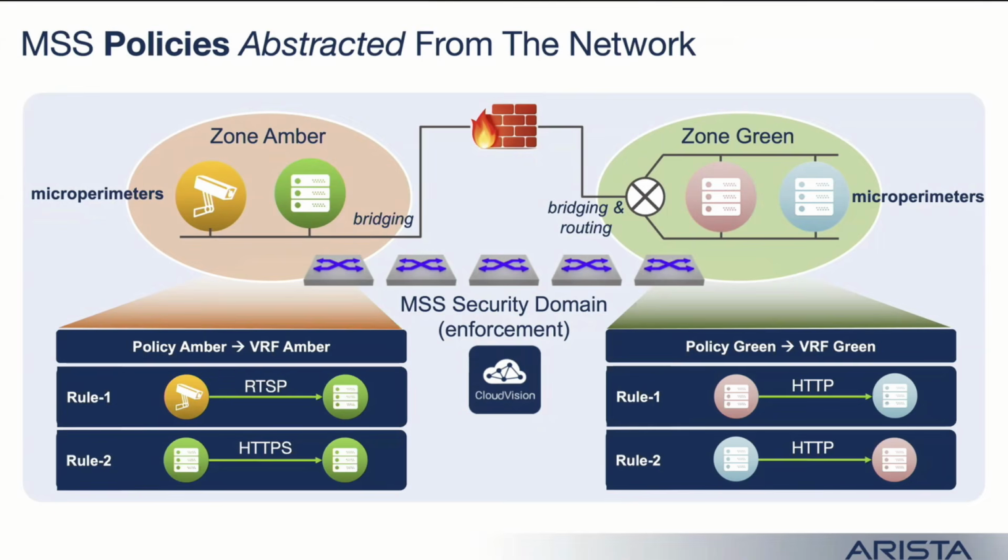And our policies are very simple: source group, destination group, or a combination of source and destination groups, and of course, a layer 4 service. So we stop at layer 4 like much of the switching solutions available out there, because we go wire speed, so we cannot go very deep.